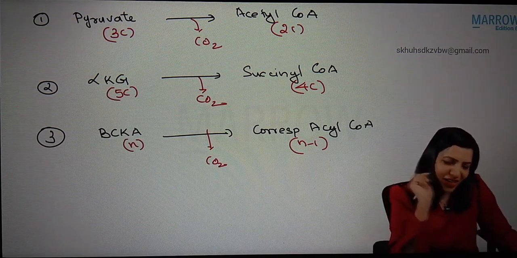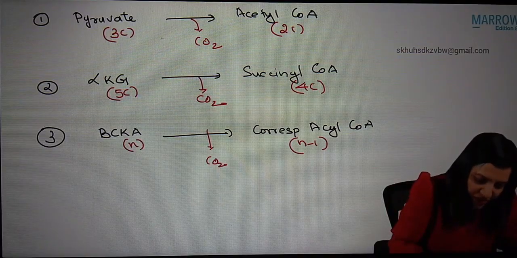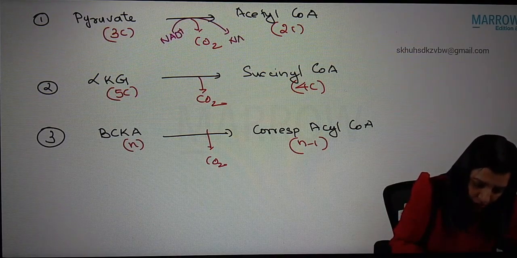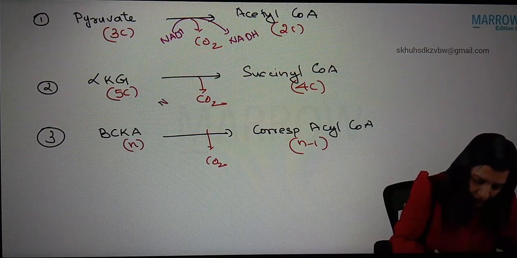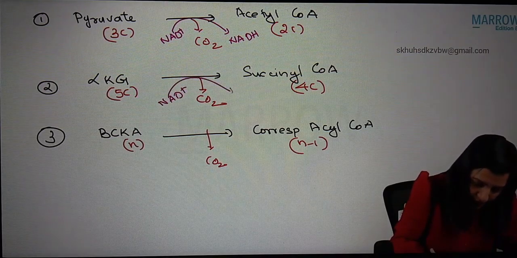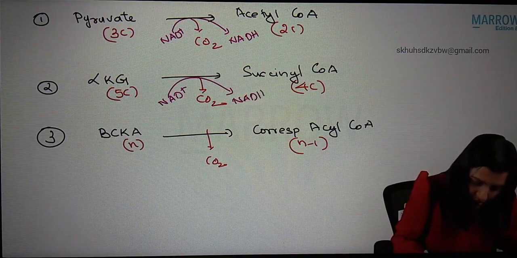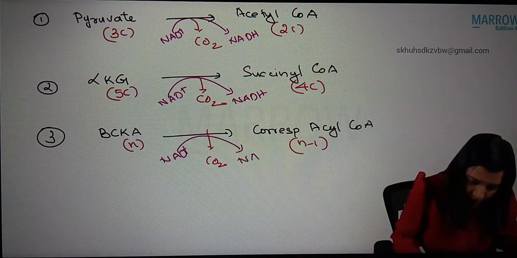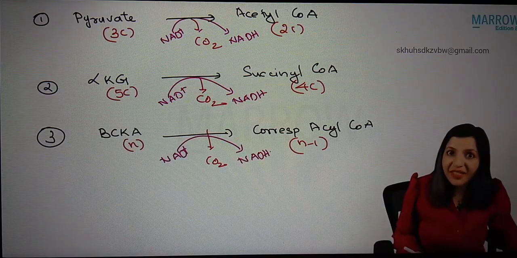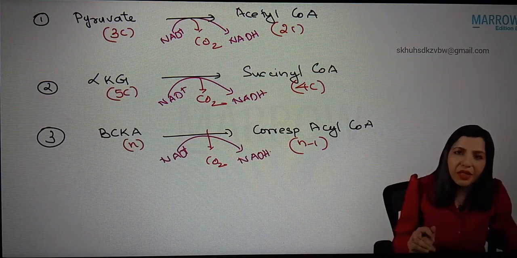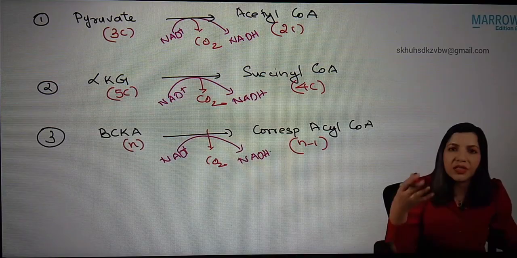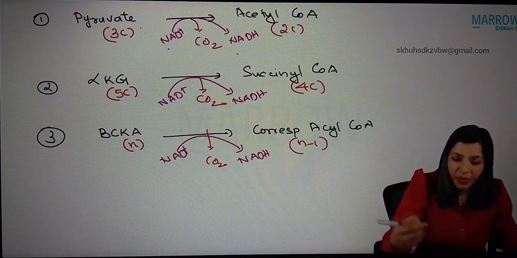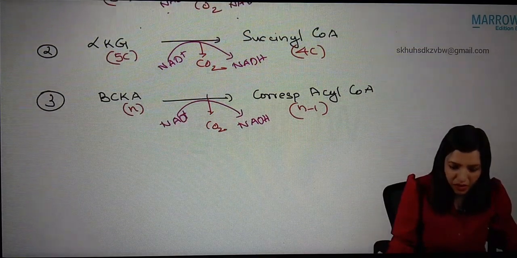No. Why? Because along with this, NAD plus is converted to NADH. Here also, NAD plus is converted to NADH, which says that this is not a simple decarboxylation, it is an oxidation reduction reaction, because here it is reduction, so correspondingly the other reaction should be an oxidation.